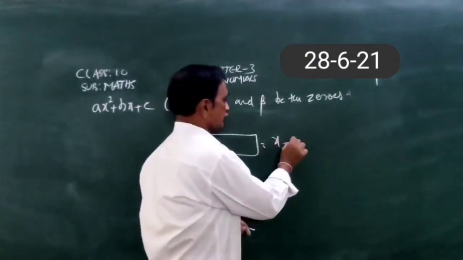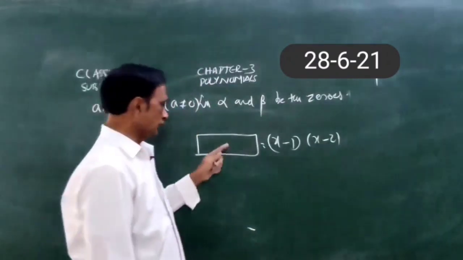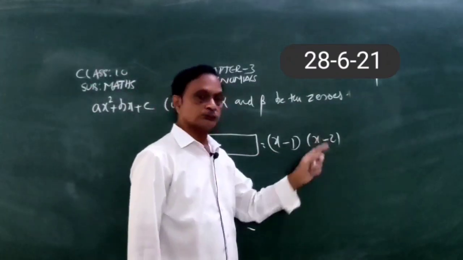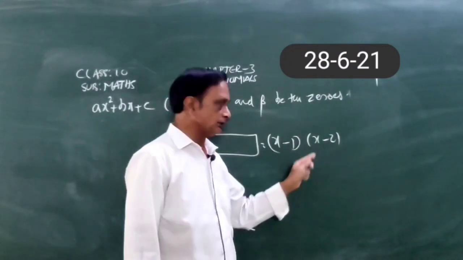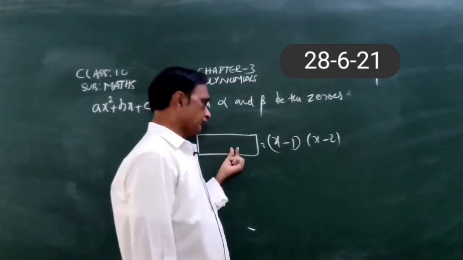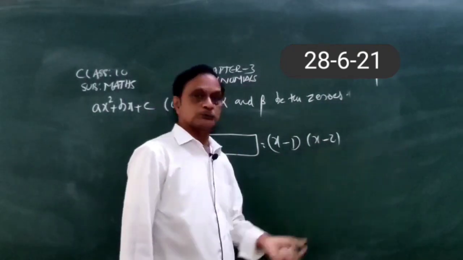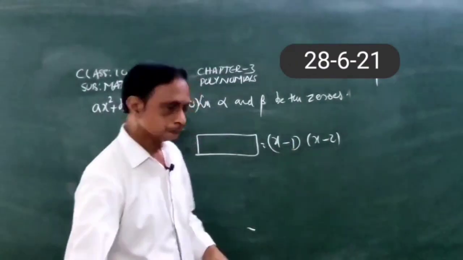We know that for a quadratic polynomial, if the factors are x minus 1 and x minus 2, we can get the zeros. X minus 1 equal to 0, x equal to 1; x minus 2 equal to 0, x equal to 2. So if this quadratic polynomial has factors x minus 1 and x minus 2, then the zeros are 1 and 2.